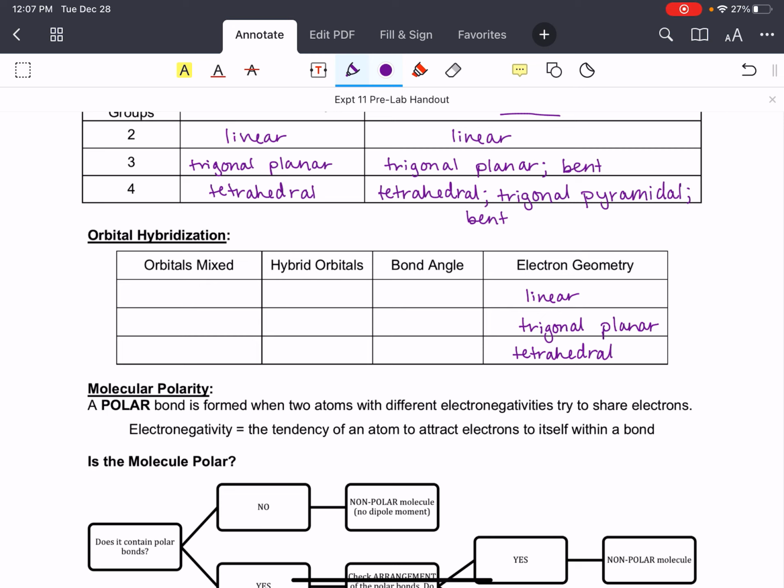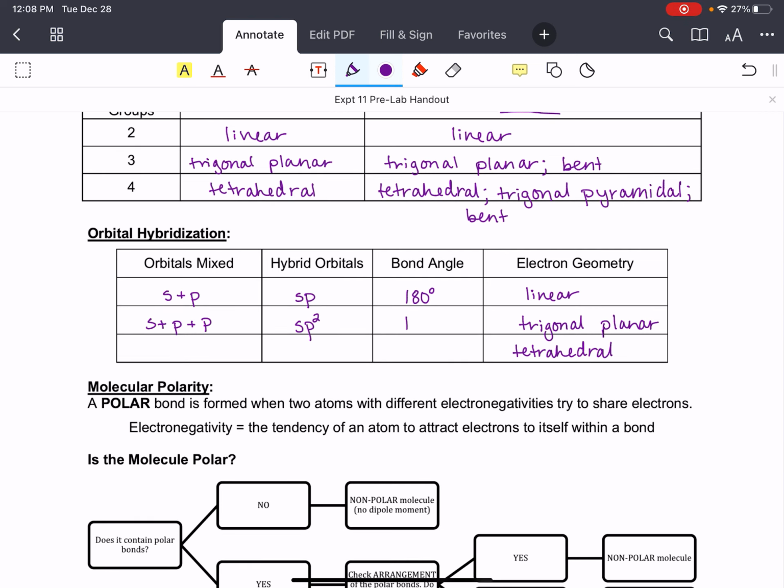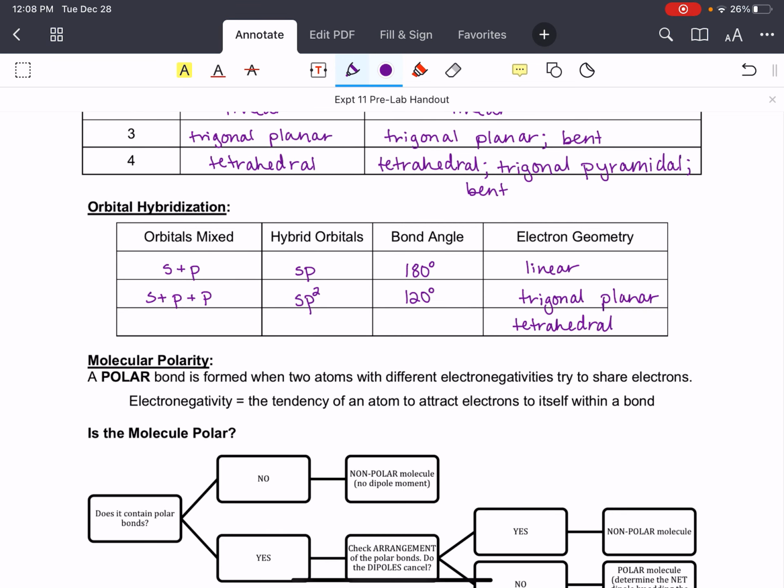And with a linear electron geometry, we can mix the s and p orbital on our central atom to get sp hybrid orbitals with a bond angle of 180 degrees. If we mix an s with 2 p orbitals, we end up with sp2 hybrid orbitals and a bond angle of 120, and that's what we see when we have a trigonal planar electron geometry.